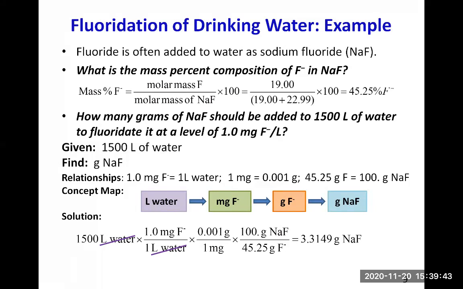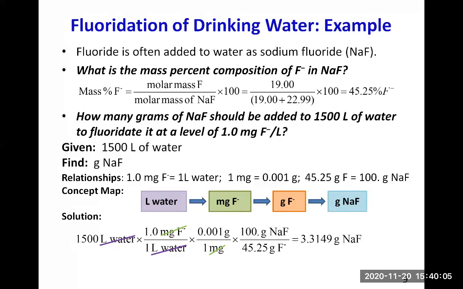So the next conversion factor does that, changes the milligram into gram. And we have the 1 milligram on the bottom and the 0.001 gram on top so that we can cancel milligrams. The final conversion factor should cancel the grams of fluoride and change them to grams of sodium fluoride.